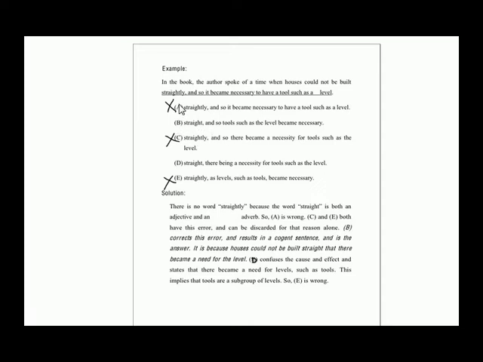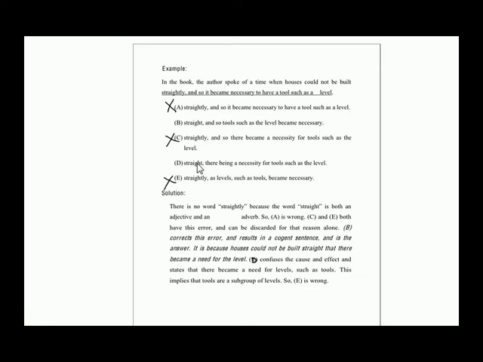So if you read the sentence with answer choice B, the way it reads is, in the book, the author spoke of a time when houses could not be built straight, and so tools such as the level became necessary. Seems like a perfectly correct sentence.